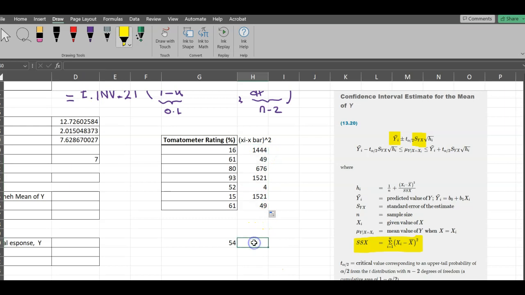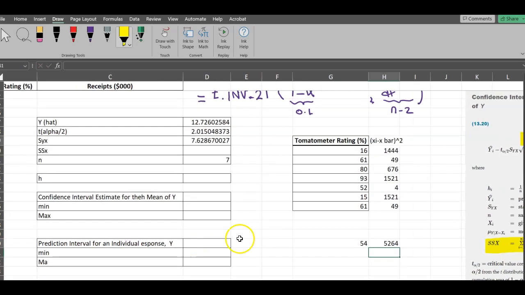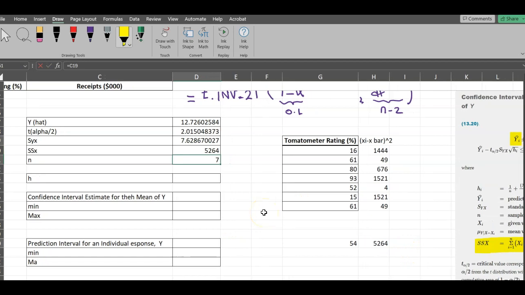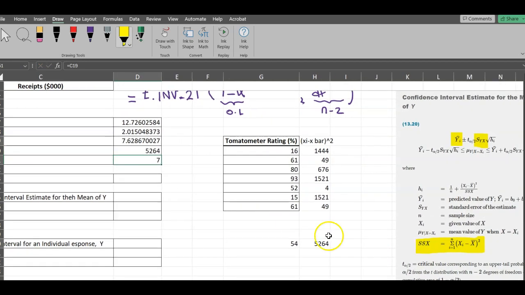All right. Now what I'm going to do is the sum, the symbol sigma. Equal sign sum, and select all these values. So this is SSX, equal sign, and select this value. Now there is another value. To calculate the h, we need xi minus x bar squared. This is without the sum.